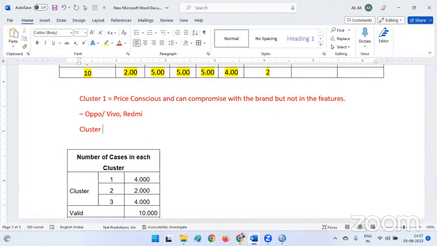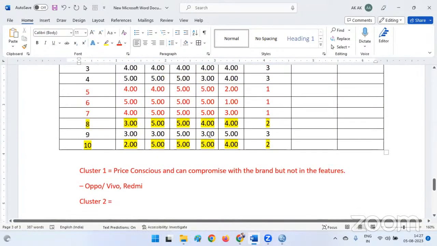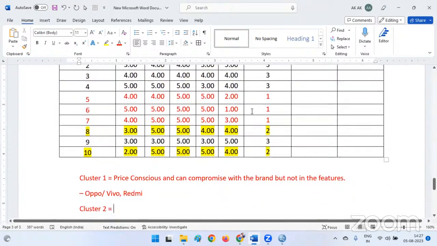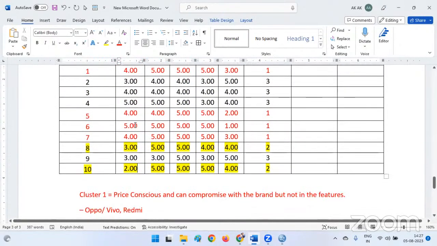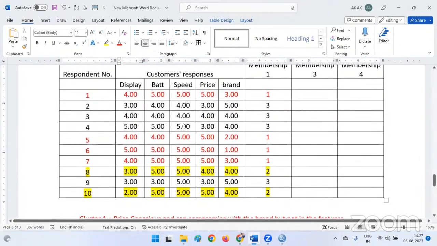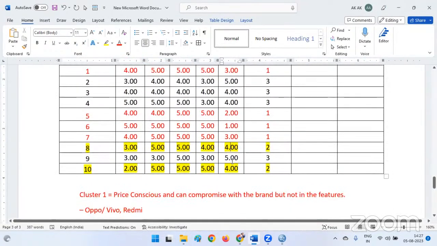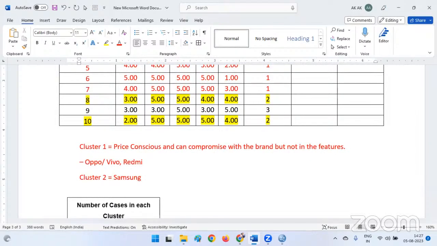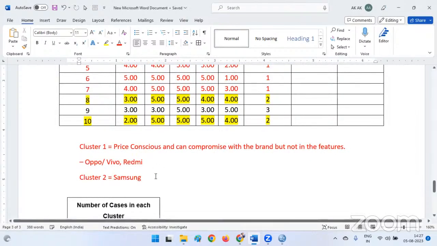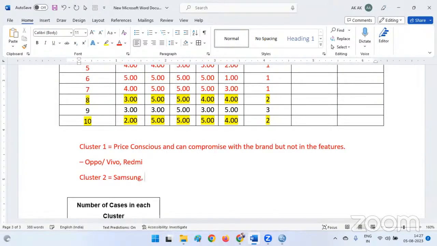Now cluster 2. This is an exploratory technique like factor analysis, so we are naming them. Cluster 2 is 4, 4, 5, 5, 3, 4. They can compromise a bit with the display quality, but cannot compromise with battery and speed. They want a little bit of brand also, so we can say they can go for Samsung or some other brand.